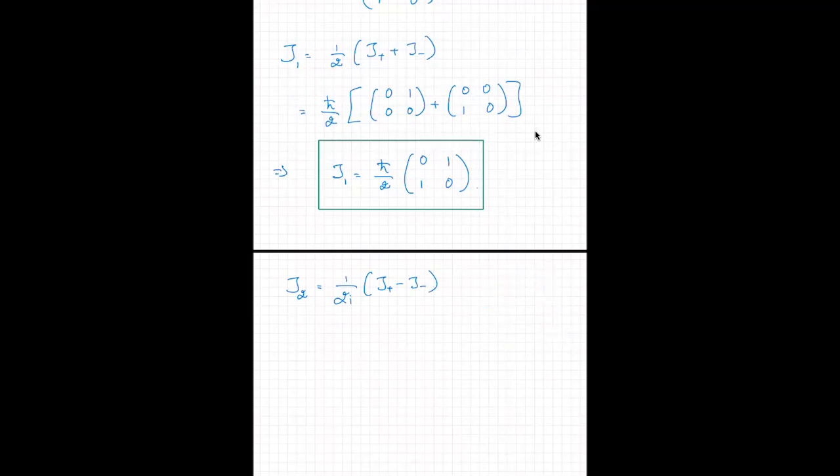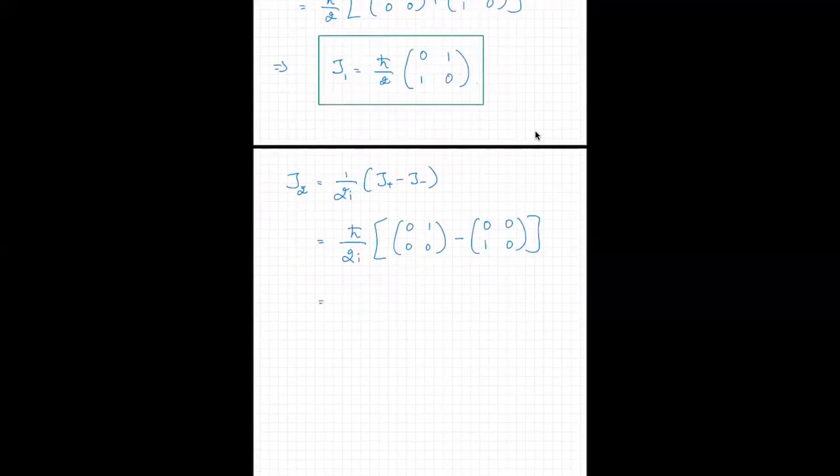Since both J plus and J minus have an overall factor of H bar, I'll take the H bar out common, H bar over 2i, J plus, which is 0, 1, 0, 0, minus J minus, which is 0, 0, 1, 0. So this is equal to H bar over 2i times 0, 1, minus 1, 0.